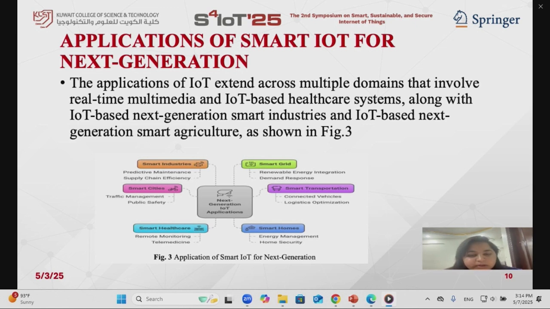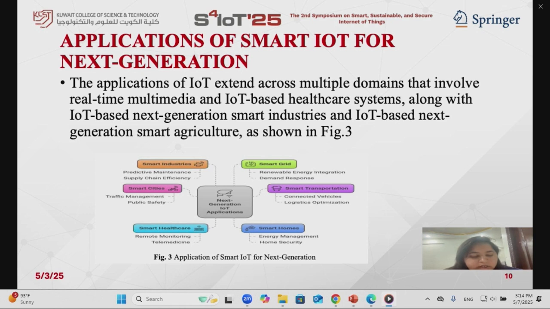The next application is smart healthcare. Basically, the healthcare market actively adopts IoT technologies in its commercial operation. Several business solutions operate in the healthcare sector to provide these services to individuals.